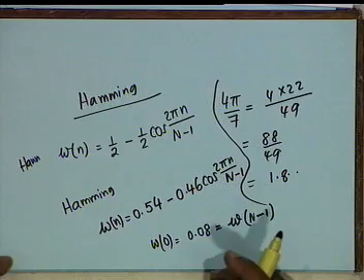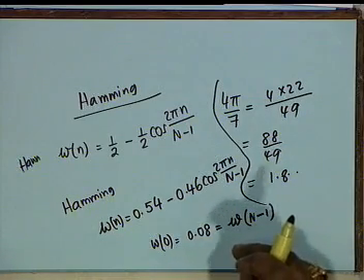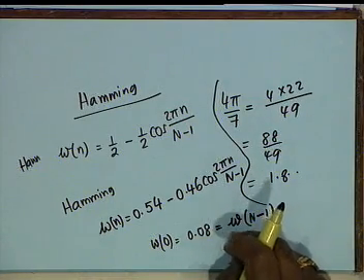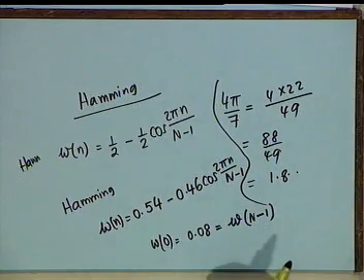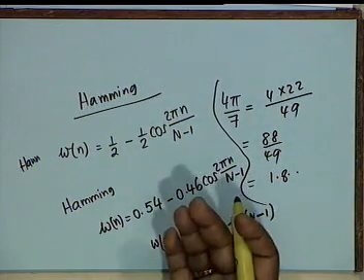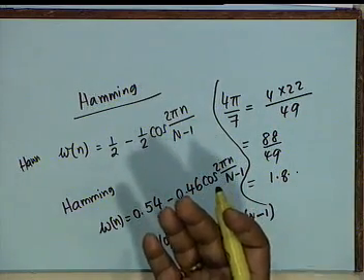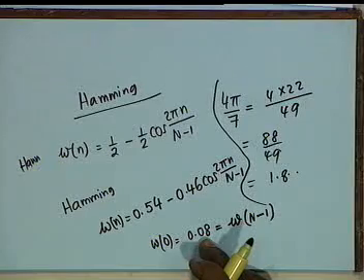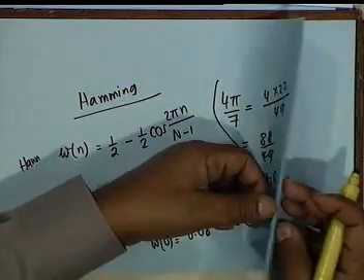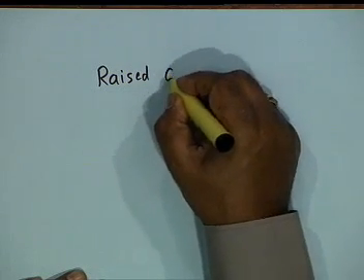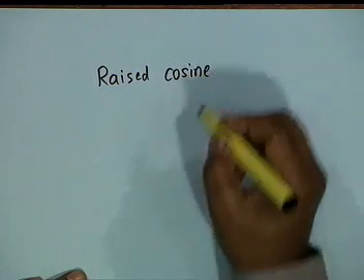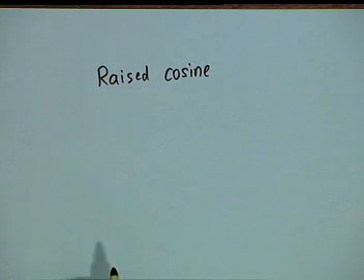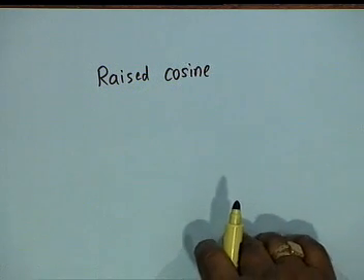So instead of rising from the base of 0, it is a cosine shaped waveform. It is as if it has been raised by the amount 0.08. So the Hamming window is also called the raised cosine window.